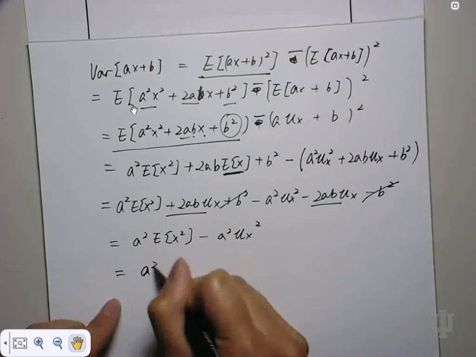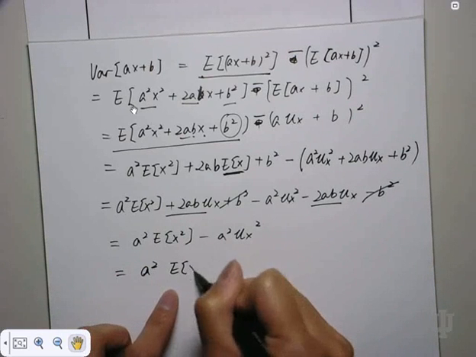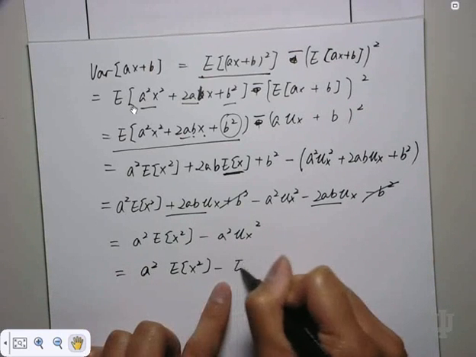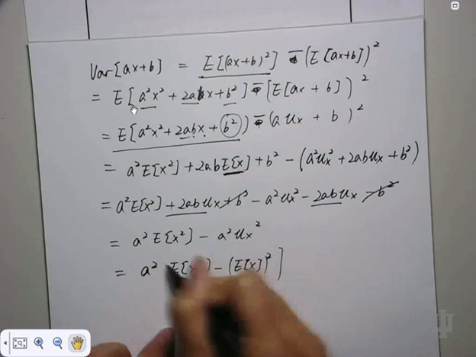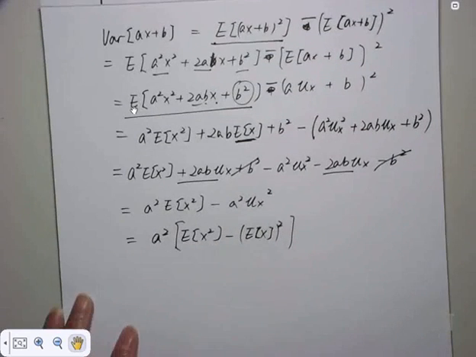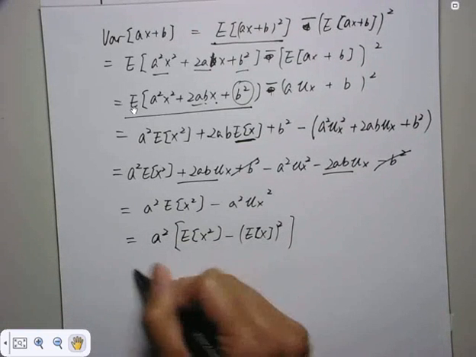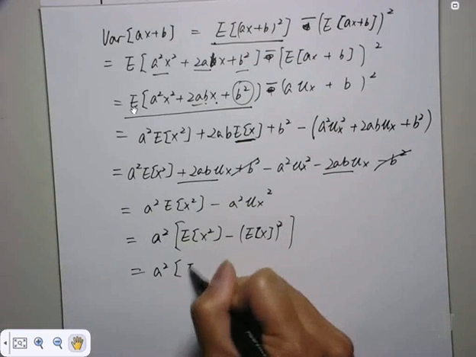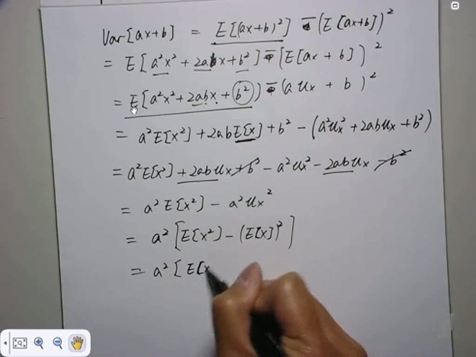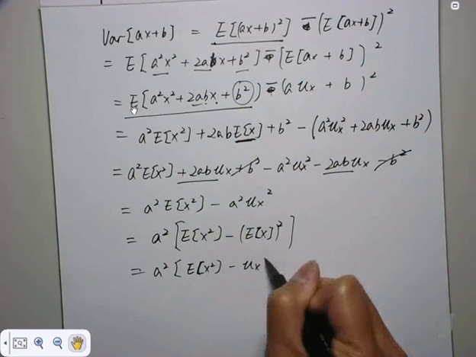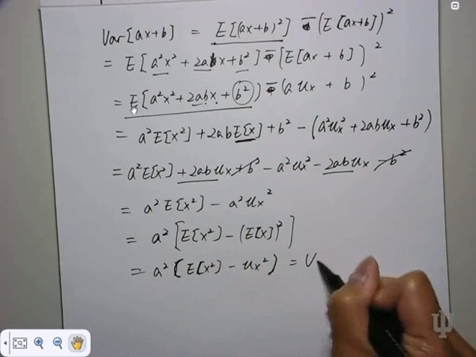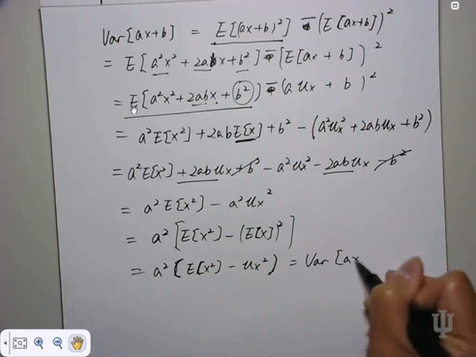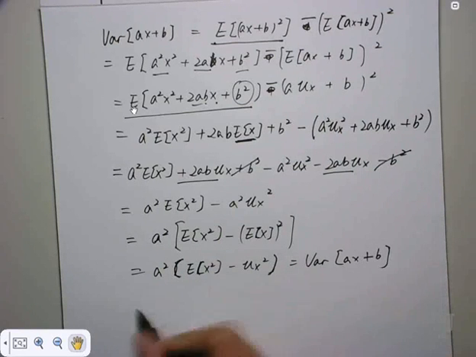So that will be a squared times the variance of X, or you can write it like this: E of X squared minus mu_x squared. This is the variance of a linear combination.